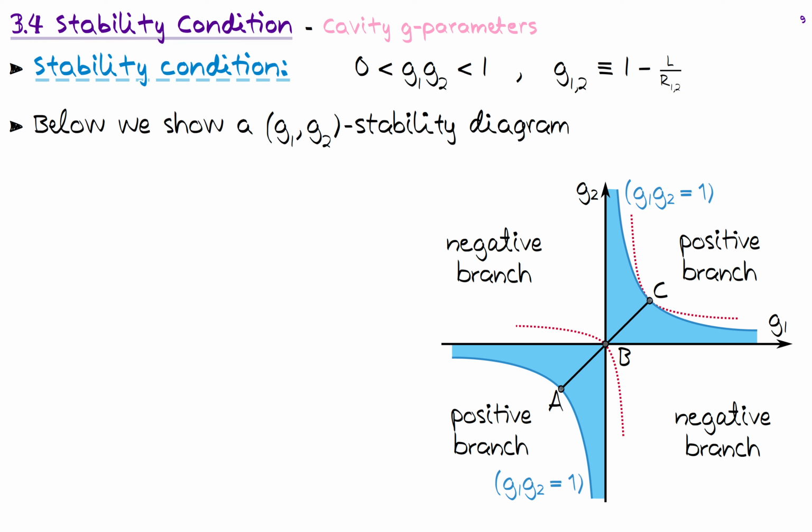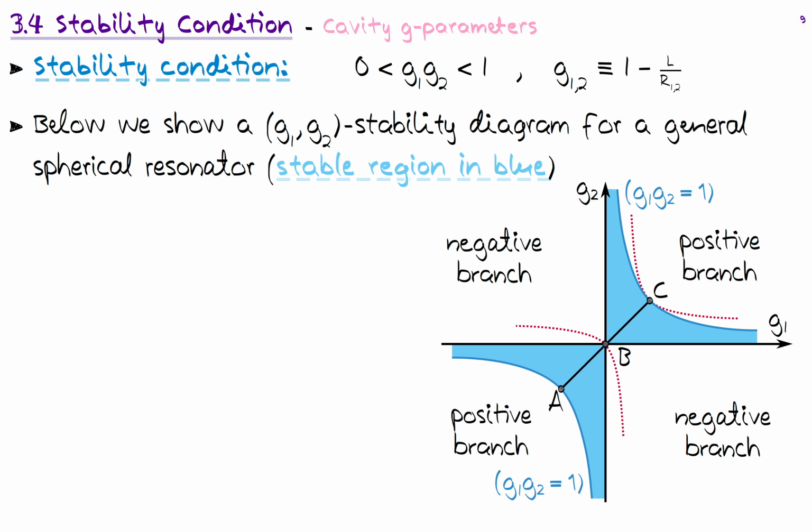So we can now plot the stability condition with the x-axis corresponding to G1 and the y-axis corresponding to G2. And now we can understand how general spherical resonators would be formed and how the stable region would be within that blue region.